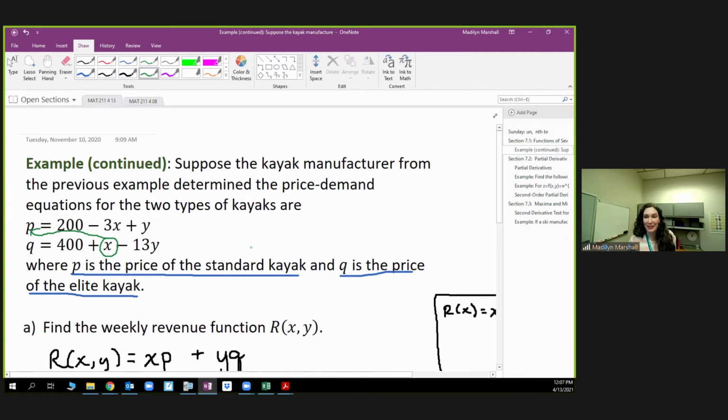But if the difference is like the standard is 100 and the elite is 500, unless I'm like a super pro kayaker, I'm probably not willing to spend $400 extra for the elite. So the price of the two kinds of kayaks are related, which makes the number of them that we're producing related also. So all of that is sort of intertwined. I see.